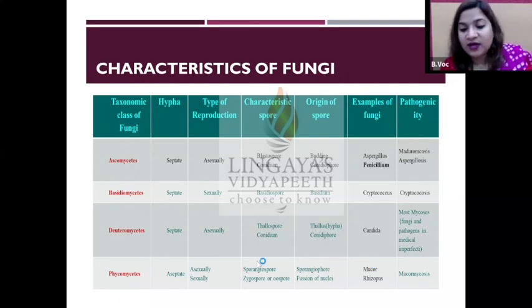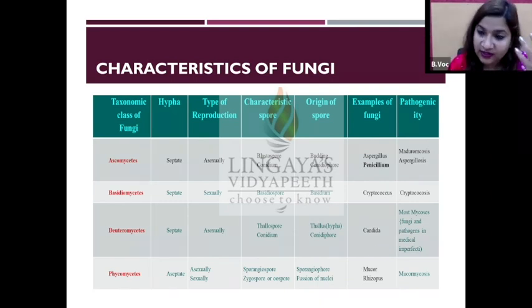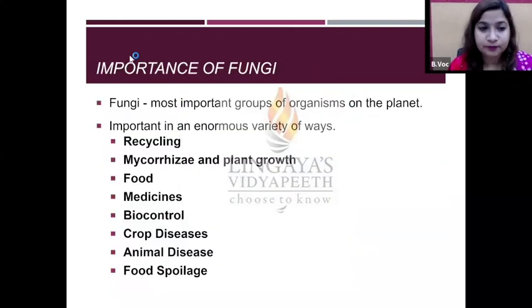An example of the phycomycetes is Mucor and Rhizopus, which produce the pathogenic condition mucormycosis, which is very pathogenic in human beings. It can also cause blindness of the eye, known as the black fungus disease.